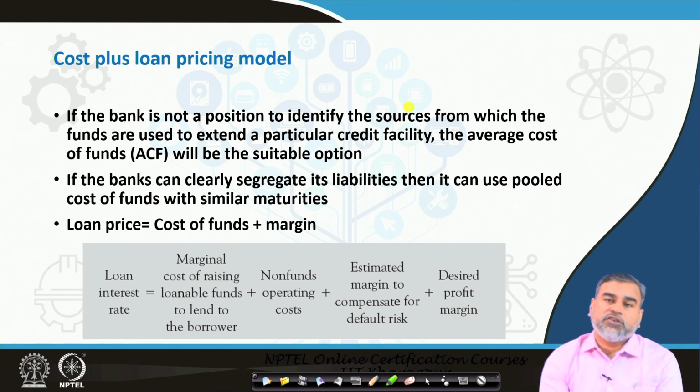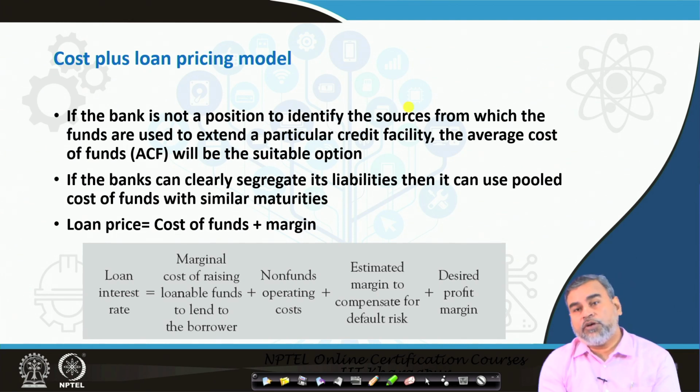If the bank is not in a position to identify the sources from which the funds are used to extend a particular loan or credit facility, then the average cost of the funds is a suitable option. There are many types of assets and liabilities. If the bank is not sure from which particular fund this loan will be disbursed, then it has to use the ACF, the average cost of the fund.